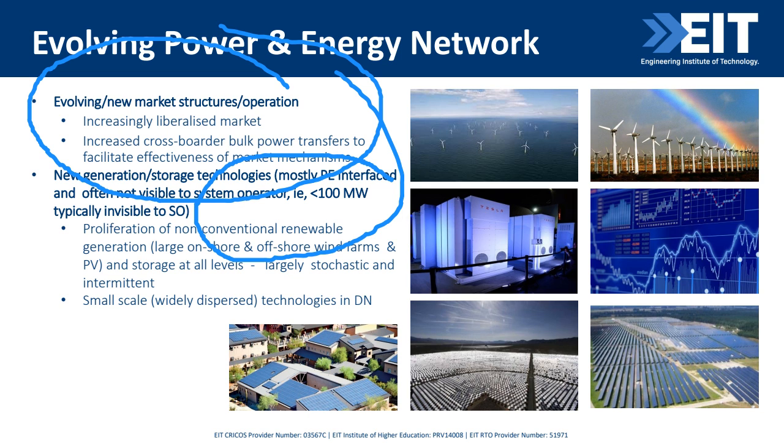And recently we are doing a lot of work on hydrogen too. So you must understand that this small scale, widely dispersed technology has become a very important thing in the distributed network.